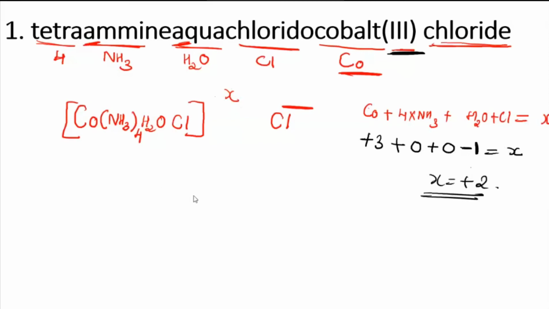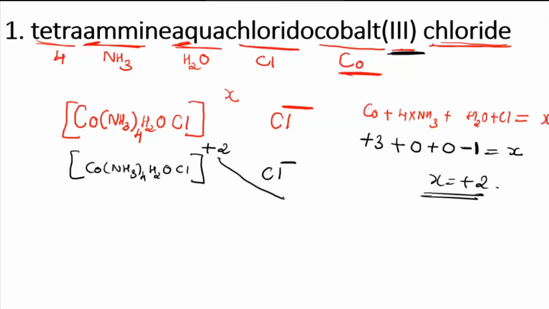So you can write it in this way. I will write that whole complex Co, then NH3 4 times, H2O, and then I have Cl. This whole charge is plus 2. And here I am having the chloride ion. Now you have to balance these charges. To balance the charge, what will you do? This 2 you will bring to this side, near the chloride, as a suffix, and this 1 should be brought over here, but you need not write that 1.